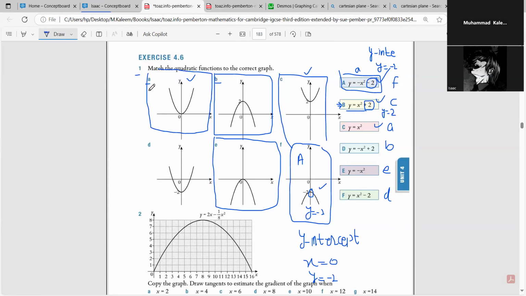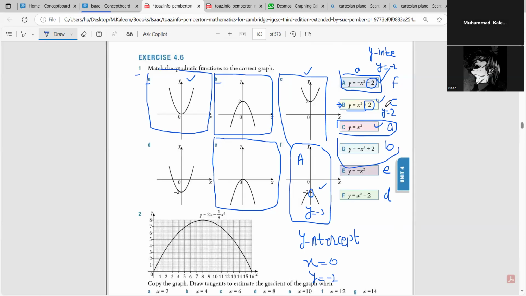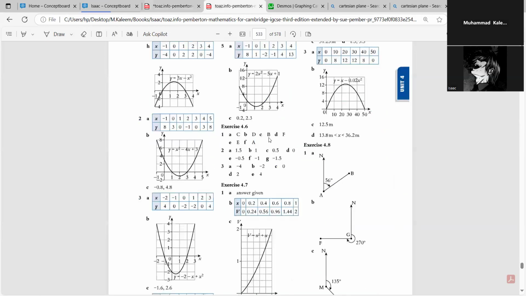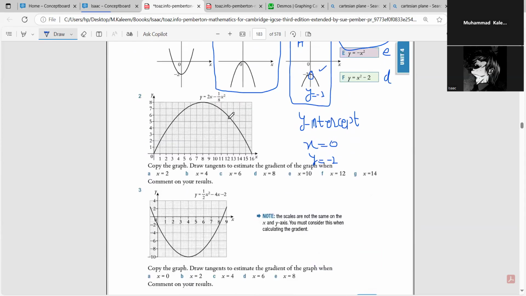For A we have C. For B we have D. For C we have B. Yeah, it will be correct. Just leave it, we are wasting time.